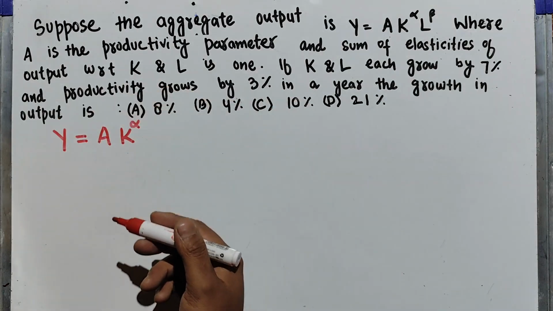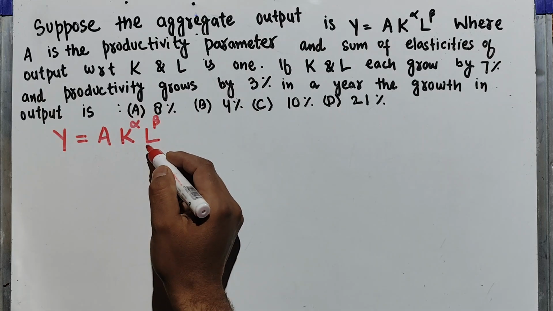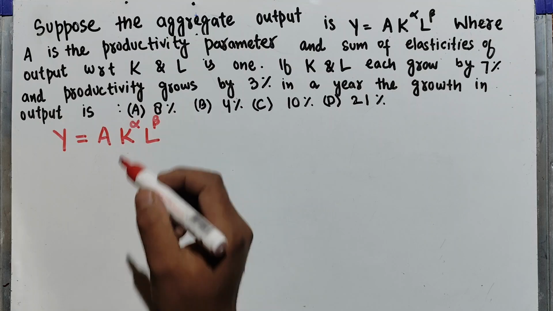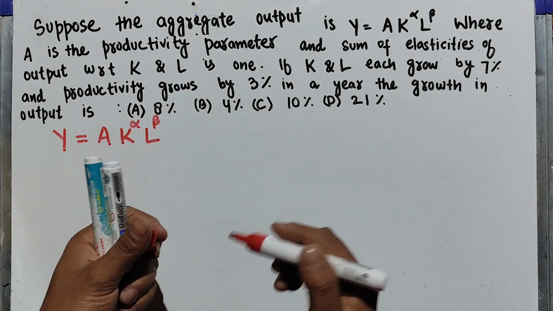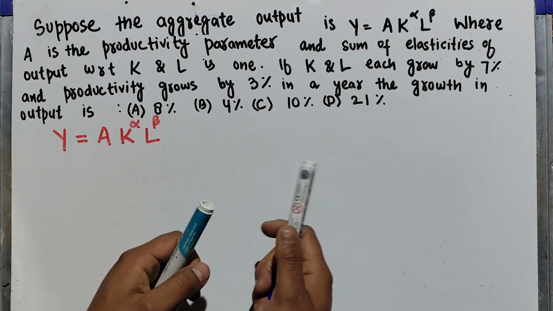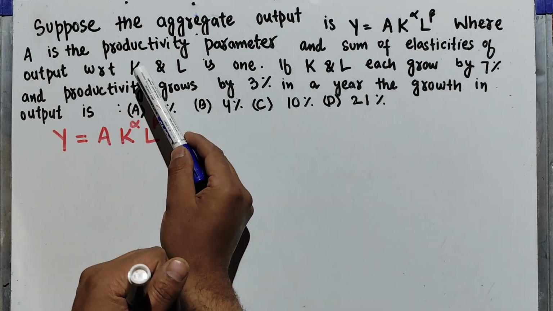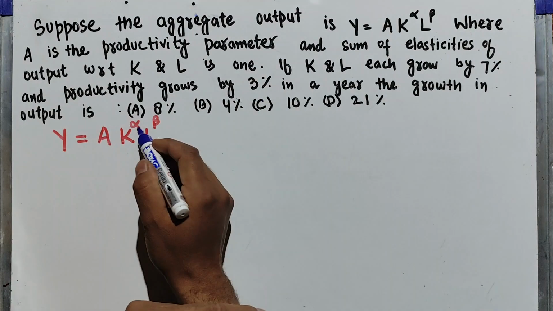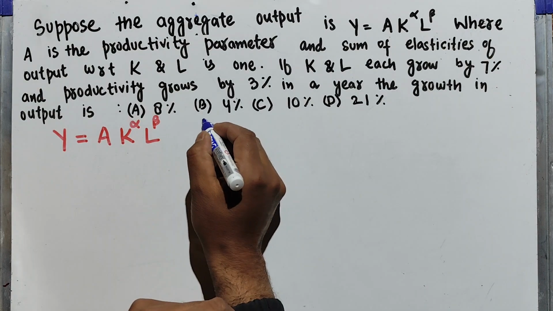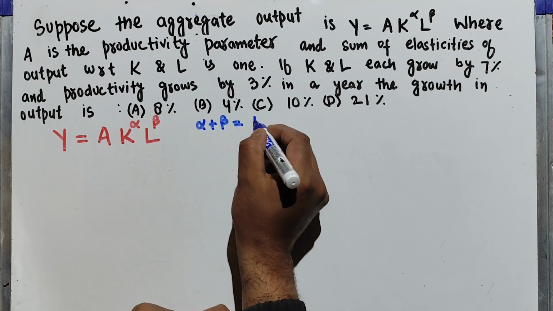And L raised to the power beta also denotes the output elasticity of labor, how much output increases when there is a change in labor by 1 unit. We are told that the sum of elasticities of output with respect to capital and labor is equal to 1, that is alpha plus beta is equal to 1.